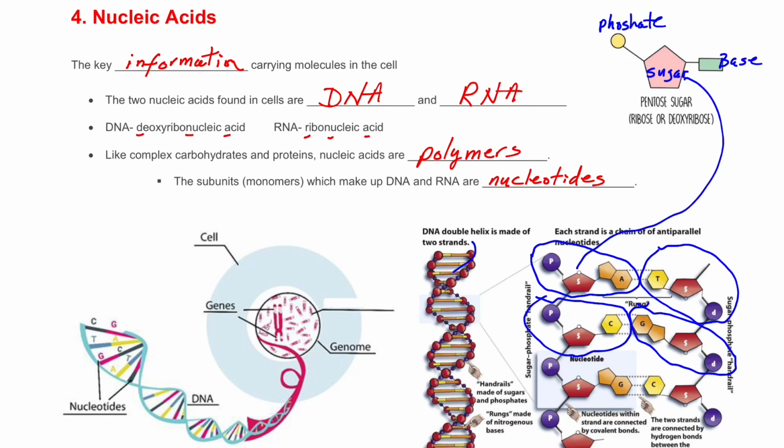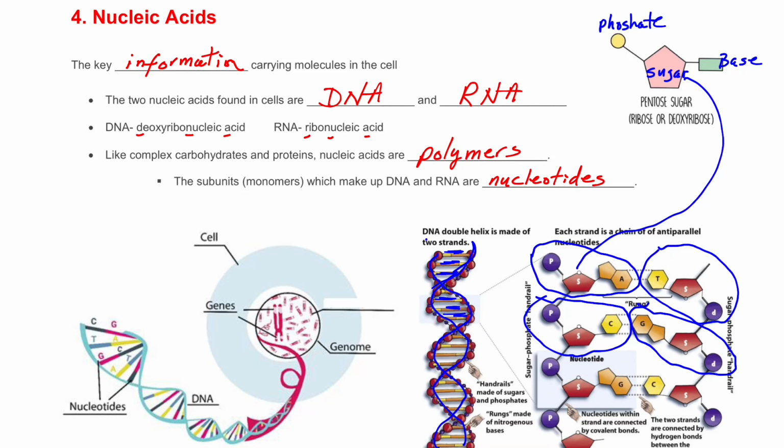This is where the sugars and phosphates are. They make up the sides of the DNA ladder, or the double helix. And the nitrogenous bases make up the rungs of the DNA ladder. So that's how it fits together into the double helix.